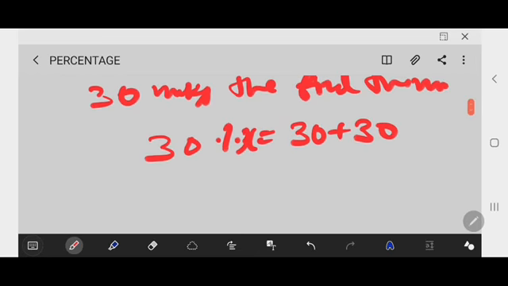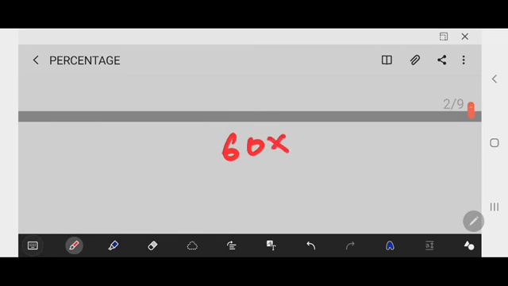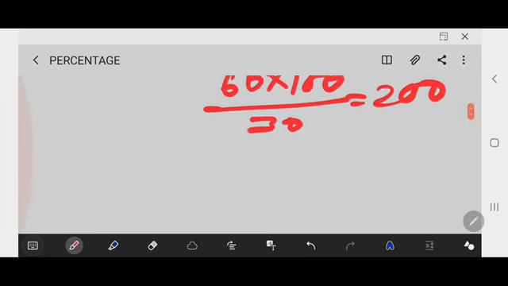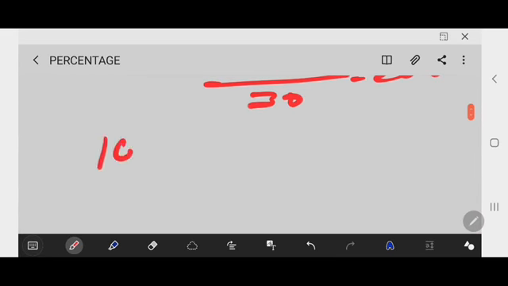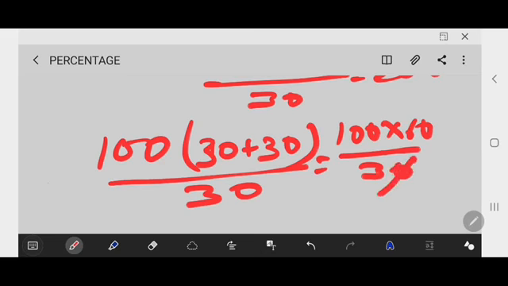This is the basic rule: 30x by 100 equals 60, therefore 60 into 100 divided by 30, the answer will be 200. And in our trick, there is 100, marks scored 30, failed by 30, and the percentage is 30. So the answer will be 100 into 60 divided by 30, cancel 2. So the final answer is 200.